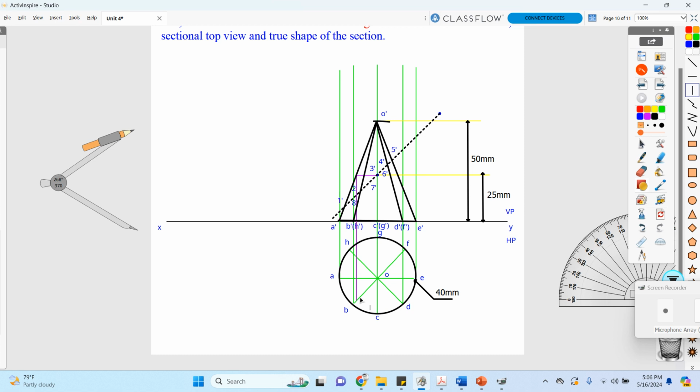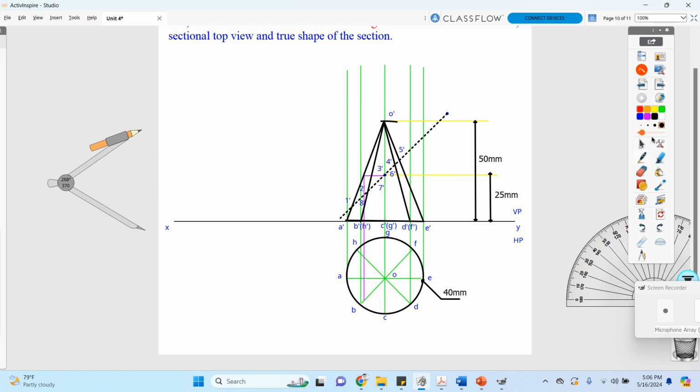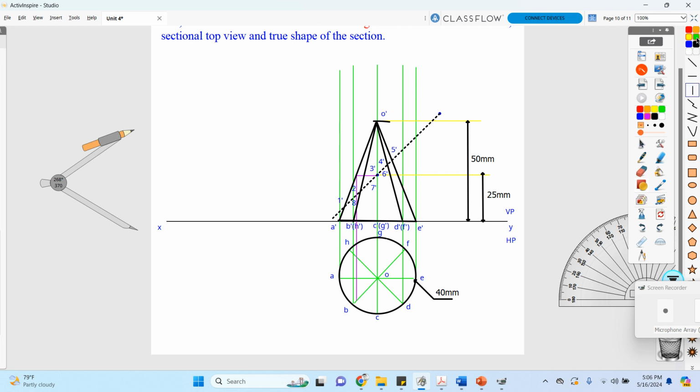Now we are going to see how our cut section on this plane looks in our diagram after cutting. So I am going to mark my points. Sorry, I forgot to take one more line from this point 1.